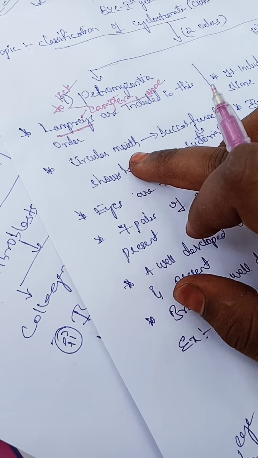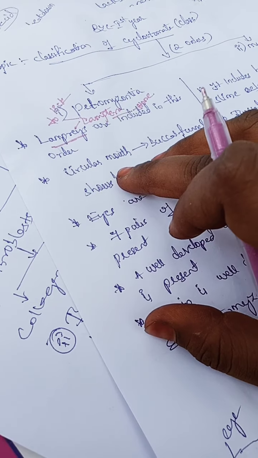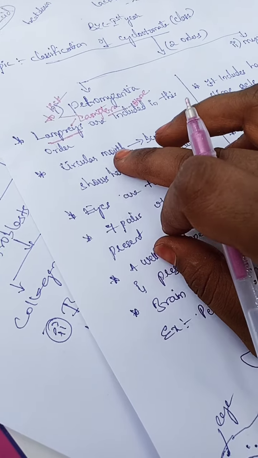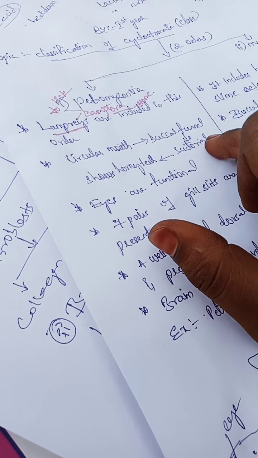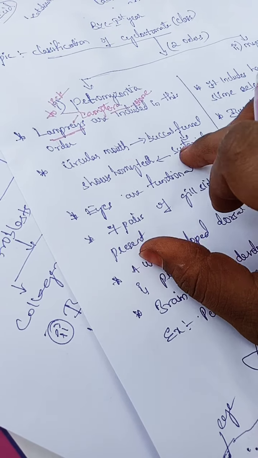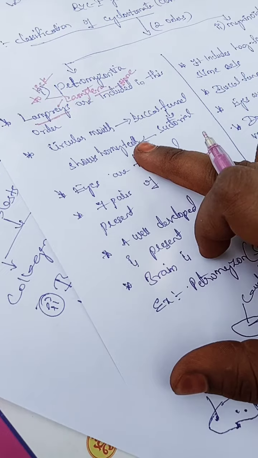Here we discuss the Cyclostomata. Why has the name been given? Cyclo means circular, stoma means mouth, circular mouth. So they have a circular mouth that leads to a buccal funnel. That buccal funnel is suctorial type and shows some horny teeth.